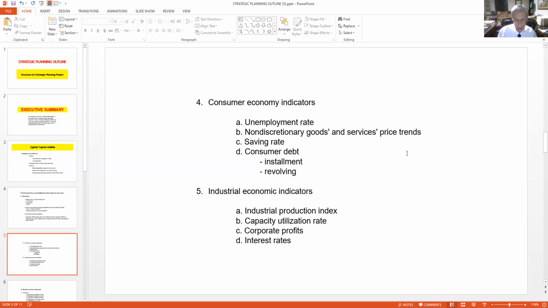On the other hand, saving rates during really good times often also go down, but that's because people are very confident about their employment, about the economy. Times are good. Why save? Let's spend.